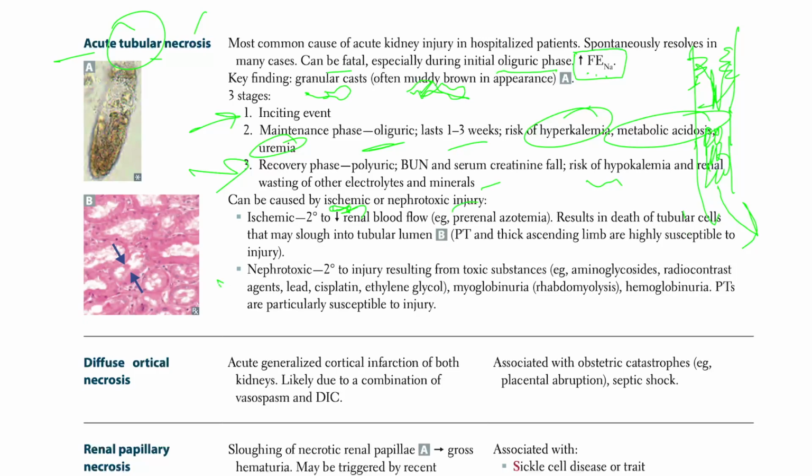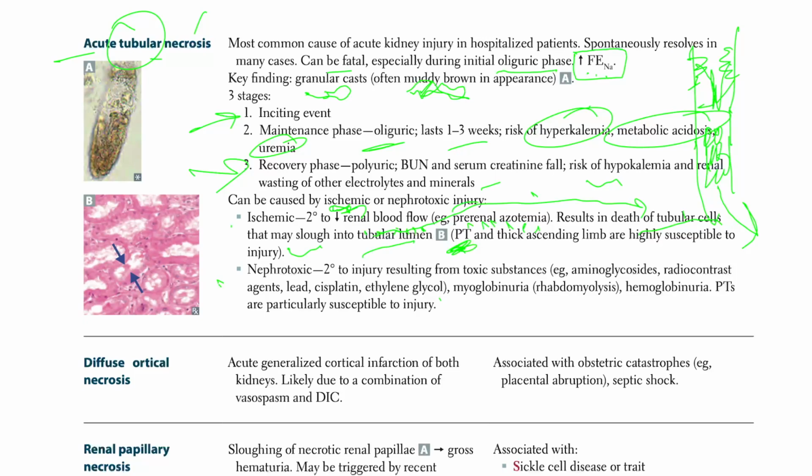So what are the nephrotoxins and how does the ischemia occur? Let's look at that. Ischemia occurs secondary to decrease in renal blood flow because of the prerenal azotemia. You decrease the blood flow, you cause prerenal azotemia. That decreased blood flow causes the death of the tubular cells. Now those will slough off into the lumen.